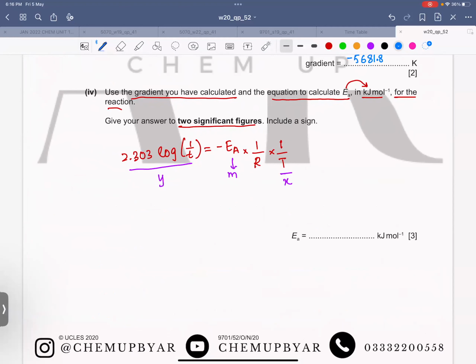So the activation energy, if I make this activation energy subject, it would be equal to minus. No, sorry.